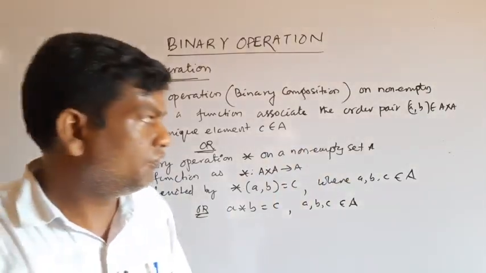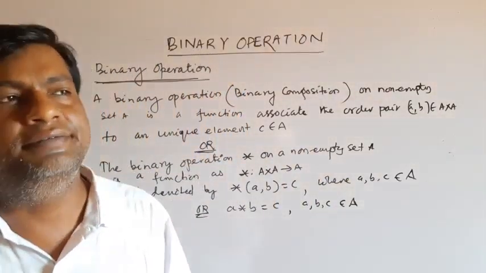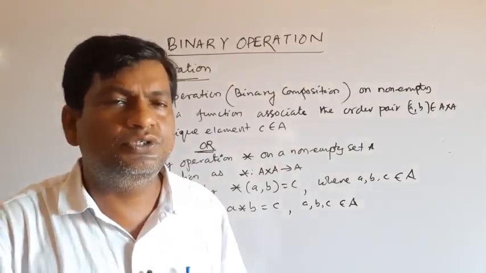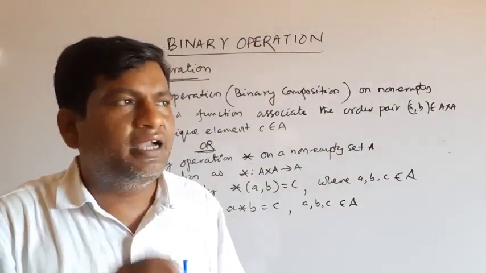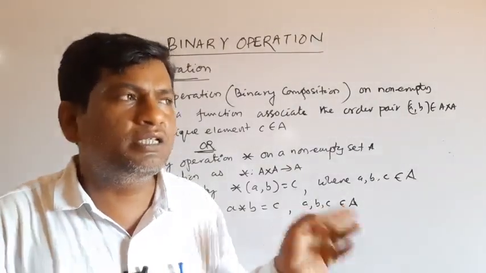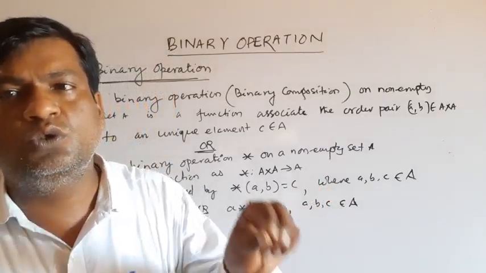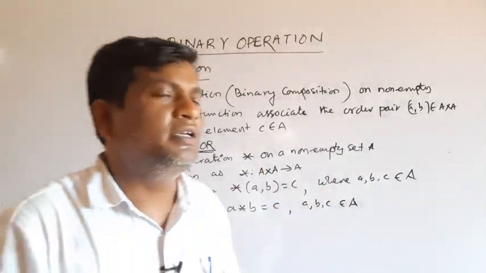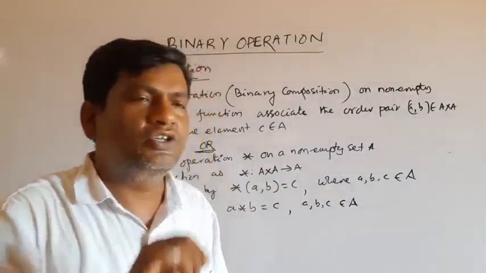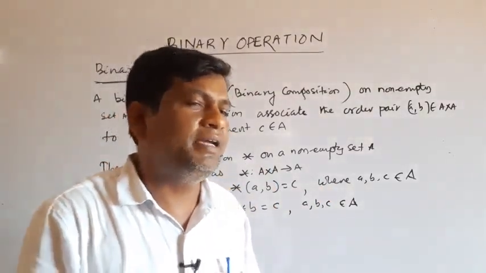For example, take the set of natural numbers N, take two elements 2 and 3, and let the operation be addition. 2 plus 3 is equal to 5. 5 also belongs to the set of natural numbers. So addition on the set of natural numbers is a binary operation.